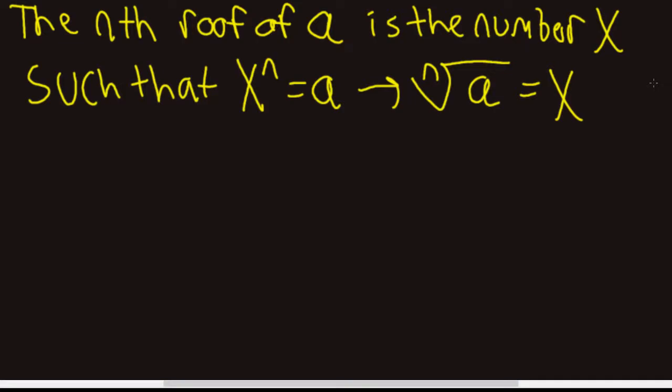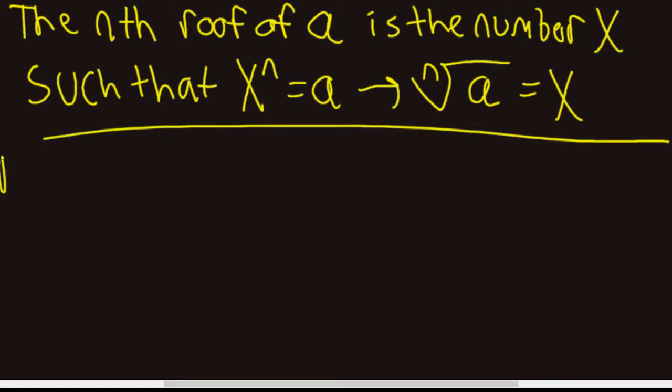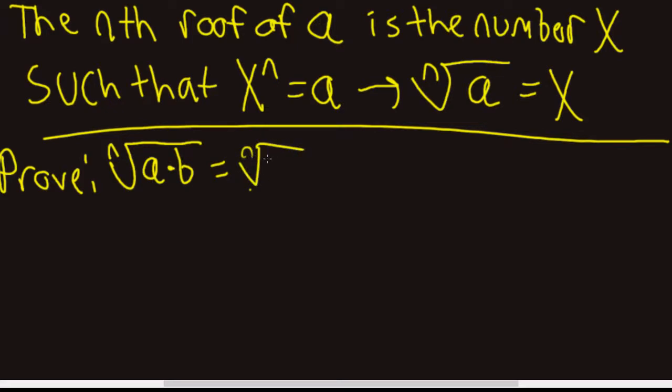So, an easy way to understand this is, let's prove some basic facts. Well, what can we prove? Let's start out simple. Let's prove that the nth root of two numbers a times b is going to be equal to, what is all this nonsense? The nth root of a times the nth root of b.